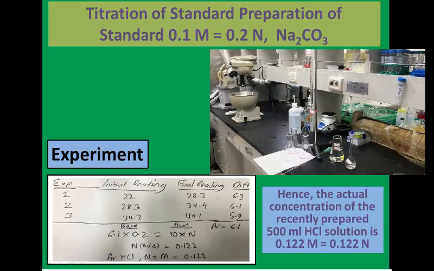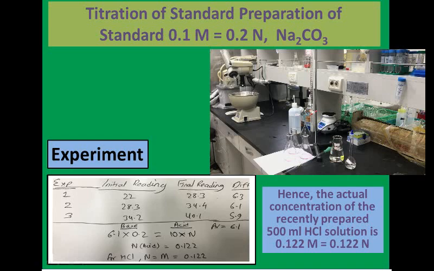The indicator doesn't show any color in acid. We slowly titrate the acid with the base present in the burette, and when the equivalence point is reached after the neutralization of acid with base, the amount of base is a little bit in excess in the final solution, and the color starts to change into pink, which indicates the end point of the reaction.